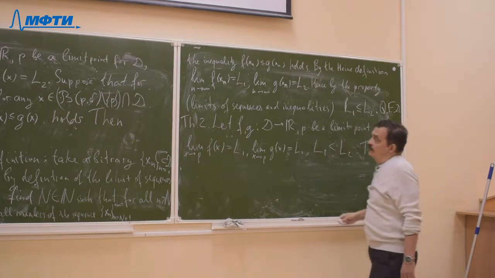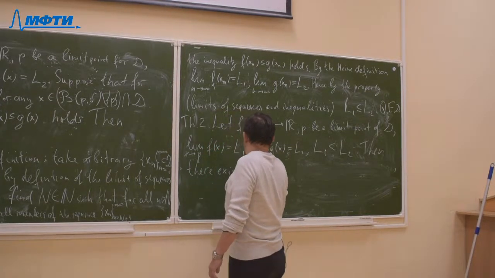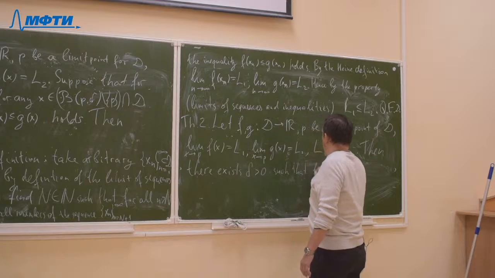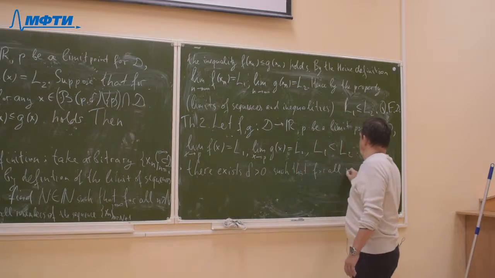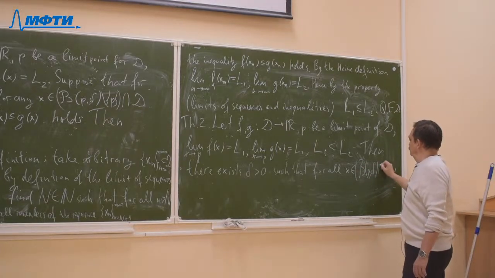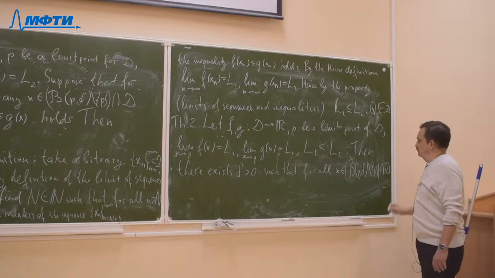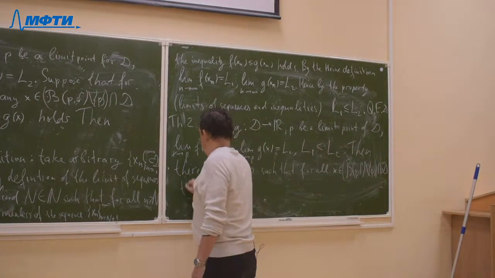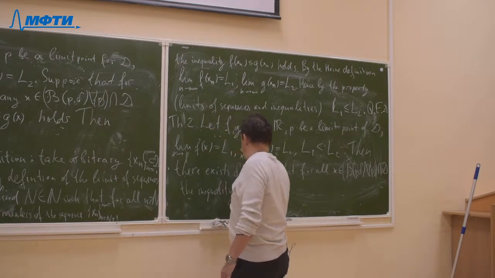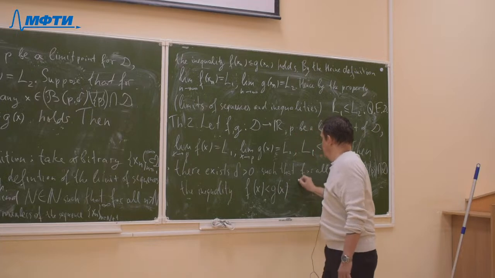Then there exists a positive delta such that for all x in the same set, B(P, delta) without P, intersected with D, the inequality f of x less than g of x holds.